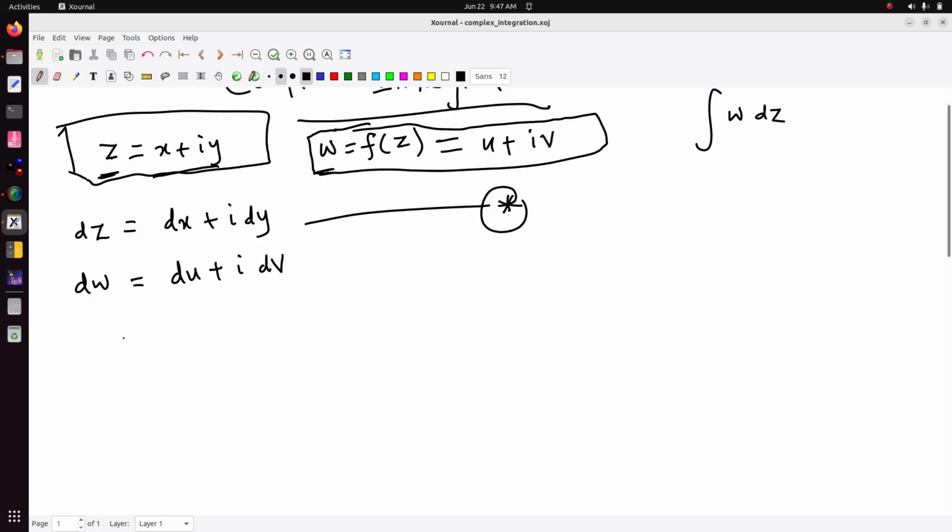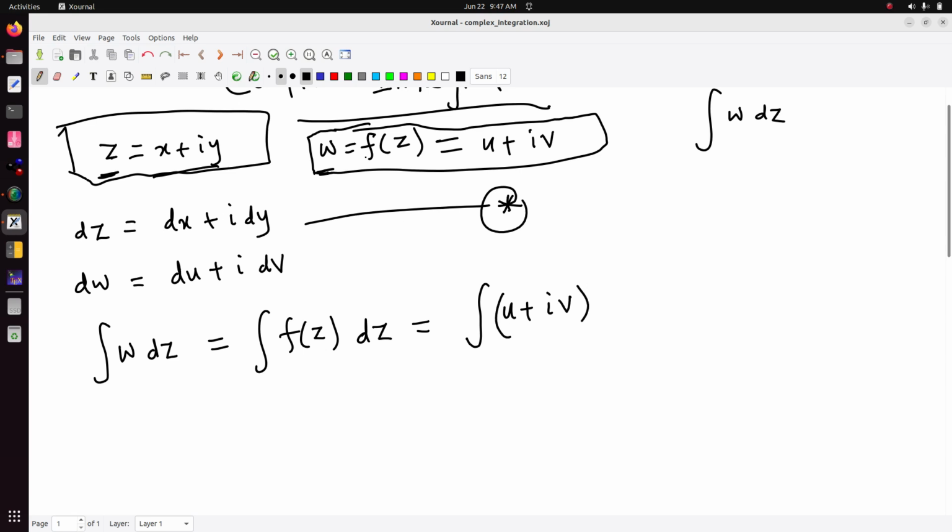So this means that if you want to carry out the integration of the complex variable w with respect to the complex plane z, it's going to be the integral. It's the same thing as writing f of z, because w equals f of z, with respect to z, and f of z, we said we write it as u plus iv, if it denotes the complex variable as u plus iv.